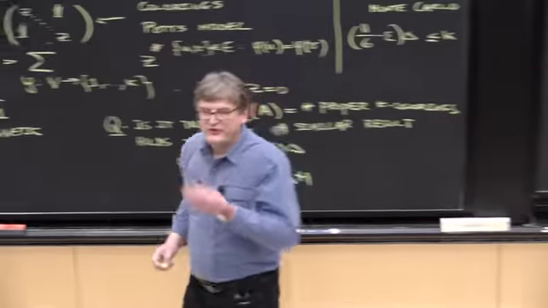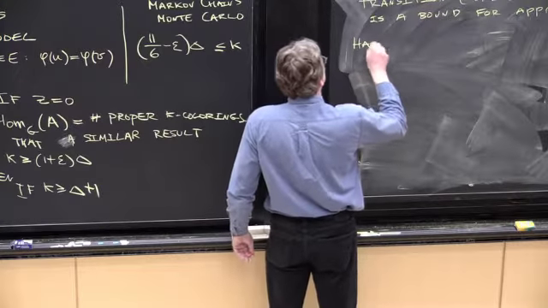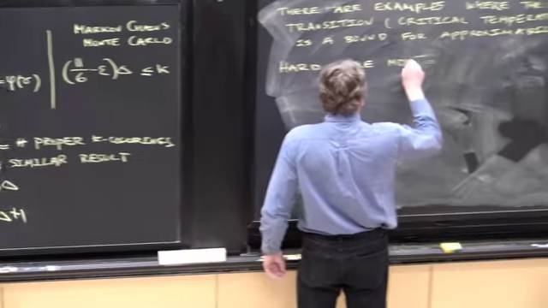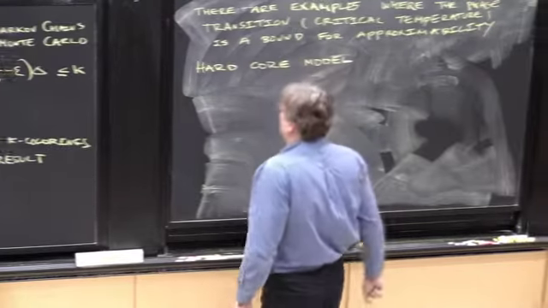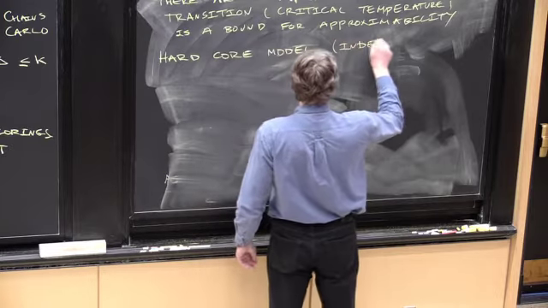And so one of the most famous examples is what's called the hardcore model. Or in combinatorial terms, it's called the independence polynomial.